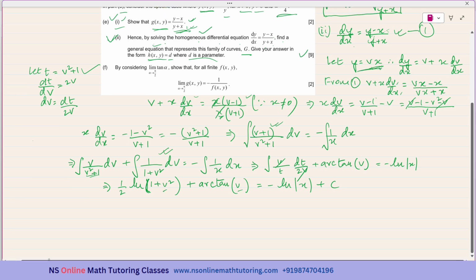Y was equal to vx. So since I have to bring back the x and y, v is equal to what? V is equal to y over x. Okay.